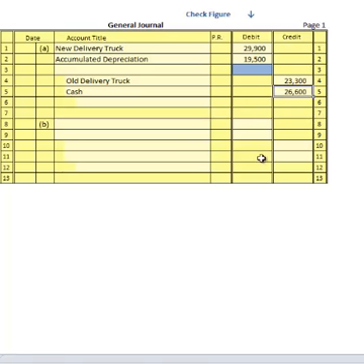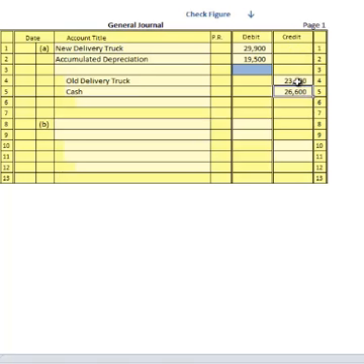So now it's time to step back and look and see if we've got a gain or loss. So if you look at the two debits, $29,900 and $19,500, if you add these two debits together, you get $49,400.